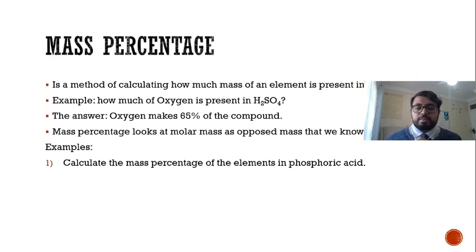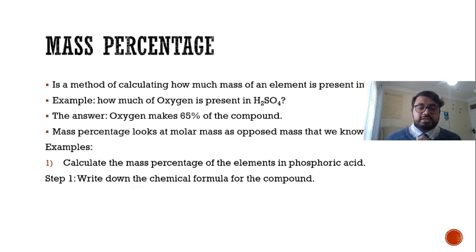So step one is to write down the chemical formula of phosphoric acid, which is H3PO4. Okay, so now we see that phosphoric acid has 3 hydrogens, 1 phosphorus, and 4 oxygens.